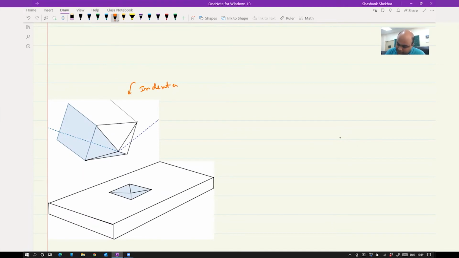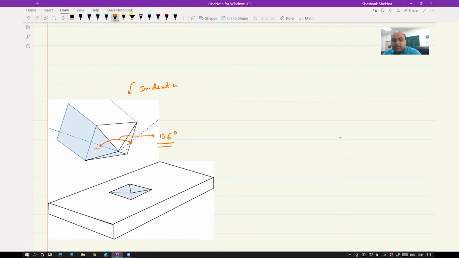If you see this, first of all, your base is square shape. If you take this particular surface and this particular surface, the angle between these two is fixed, and that is 136 degree.